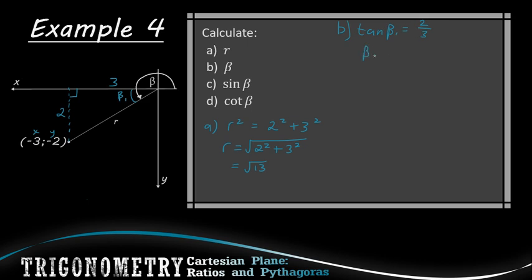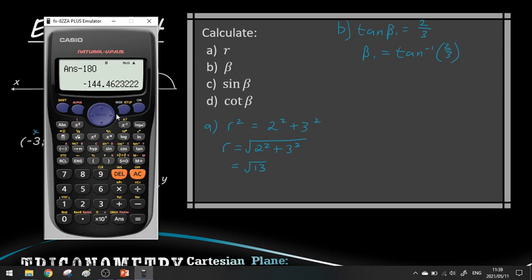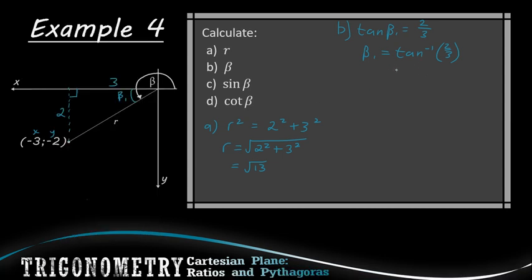Then beta 1 is equal to inverse tan of 2 over 3. And that would be shift tan of 2 over 3, and that's equal to 33,69. So 33,69. Okay, so beta.